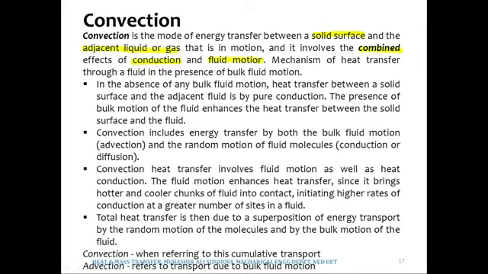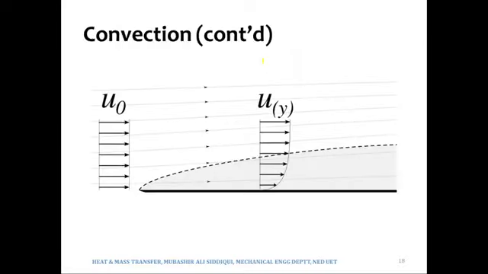So what happens is that if we have a plate, a surface over which a fluid is flowing, that would make it the case of convection heat transfer. Suppose that the temperature of the surface Ts is greater than the temperature of the fluid, T infinity.